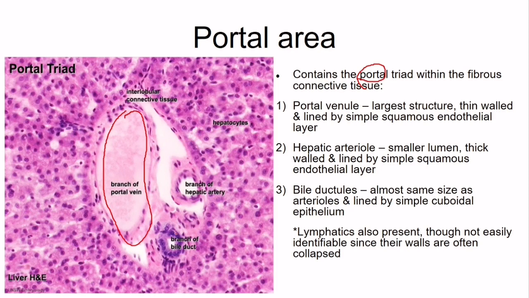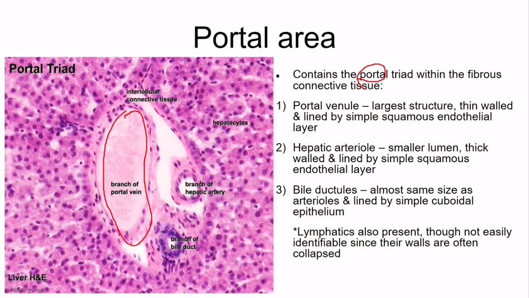All right. Now, the third structure we find in the portal area is a bile duct tube, which is almost similar to the hepatic arteriole, but they are different in that the bile duct tube is lined with an epithelium which is simple cuboidal. Okay, you can see these cells; these are round nuclei.